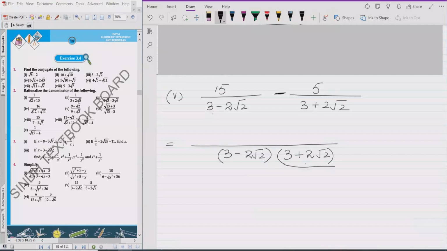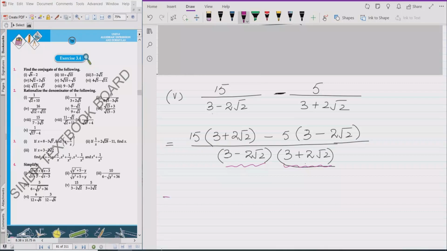So what we will do here: first we will multiply 15 by 3 plus 2 root 2, and here 5 multiplied by 3 minus 2 root 2. Okay, so if this term does not contain in this expression, we will multiply these terms in the numerator.